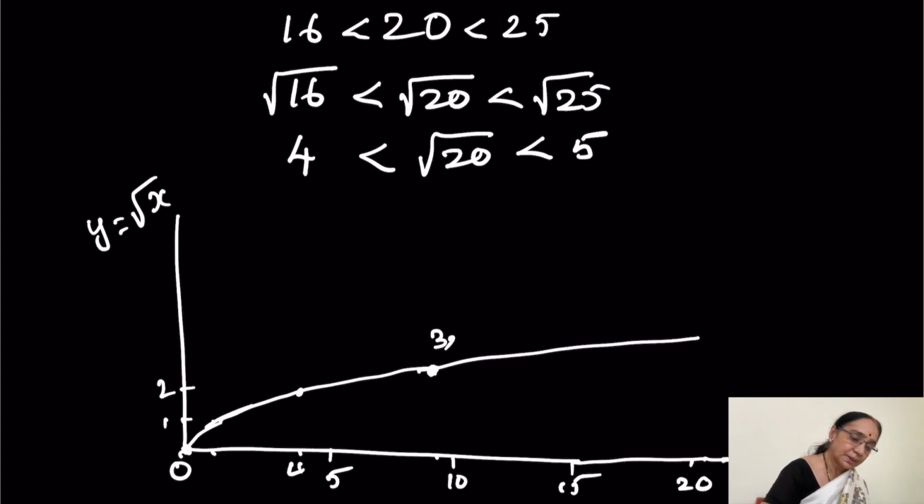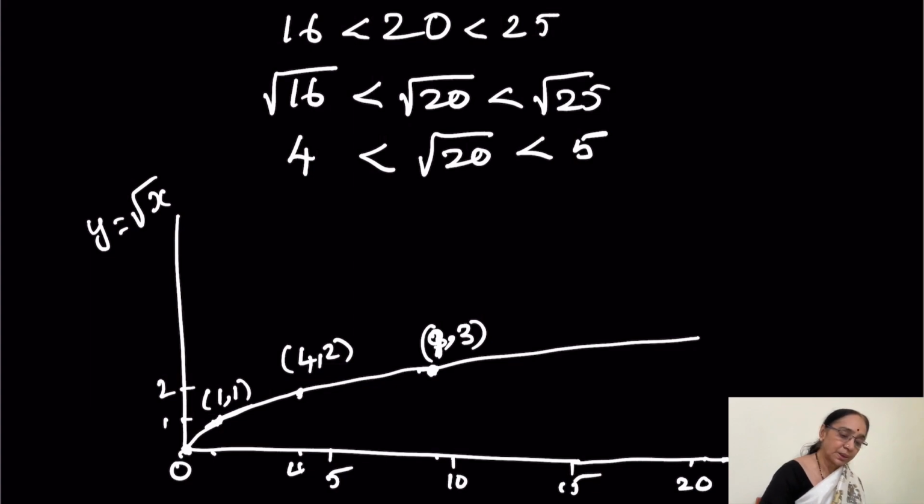So this point is 9, 3. 9 is the x and the square root of 9 is 3. Here you have 4, 2. Then here you have 1, 1. So the x values are square numbers and the y values are the square roots.